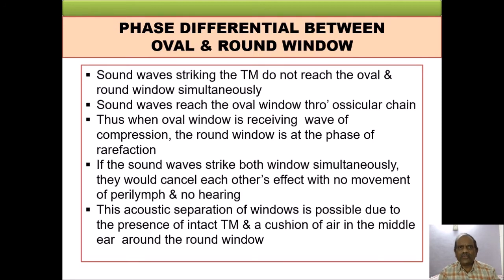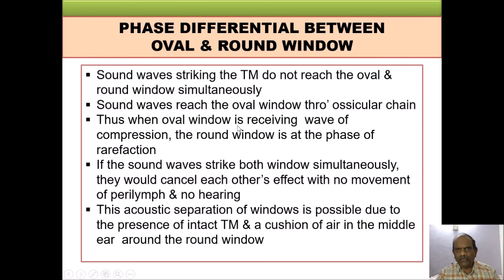Now there is also one important thing I would like to mention just for your information: the phase differential between the oval and the round window. The sound waves striking the tympanic membrane do not reach the oval and the round window simultaneously. Sound waves reach the oval window through the ossicular chain, that is through the stapes.